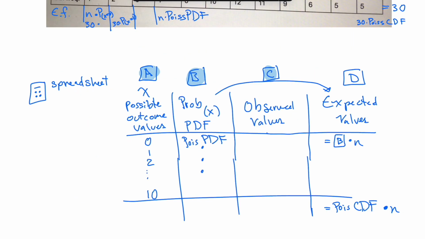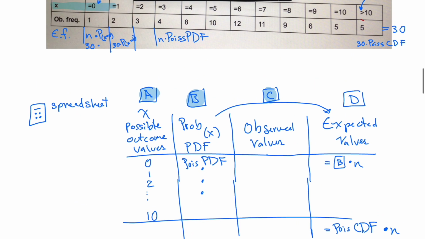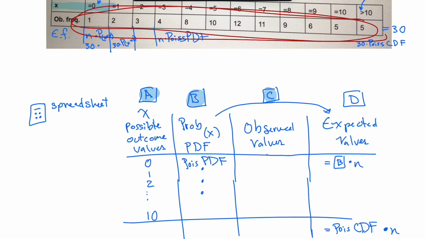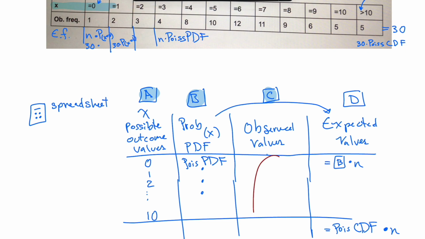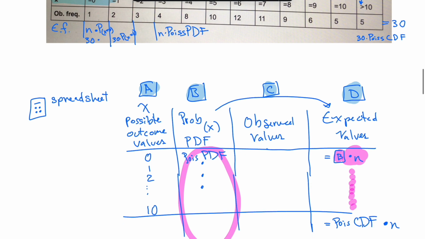We are then going to enter all of our observed values, which are these numbers that would be given to you in a problem, and those would go into column C. In column D, we are then going to calculate the expected frequencies. We'll do that by taking column B's values, multiplying it by your sample size, which was 30 days, to get all those values for the Poisson PDFs.